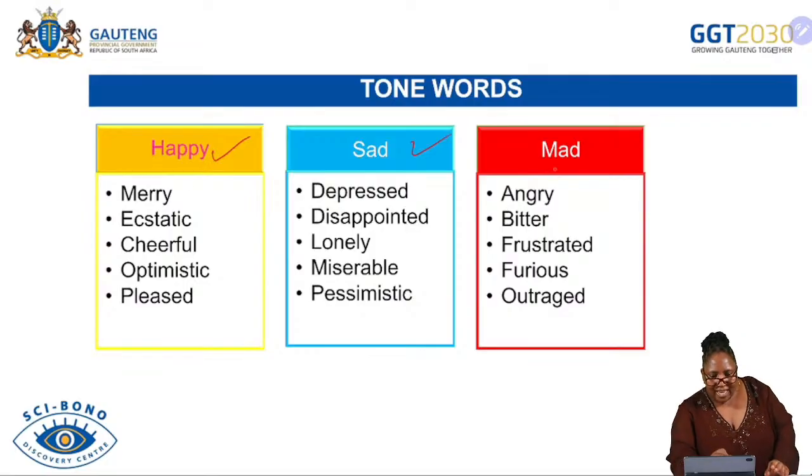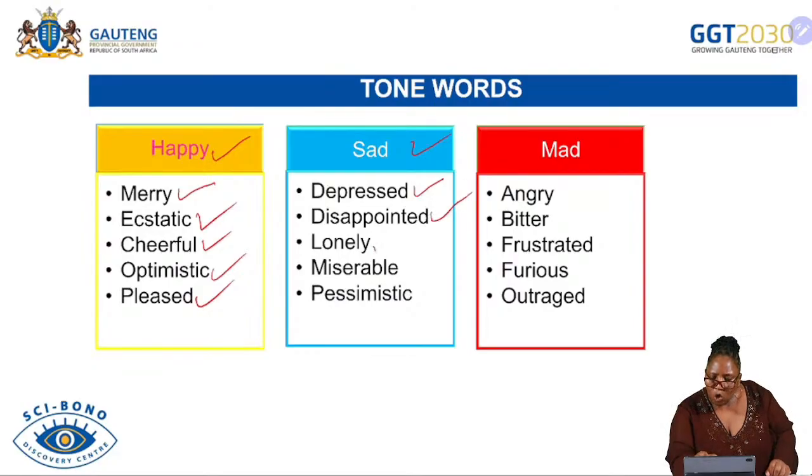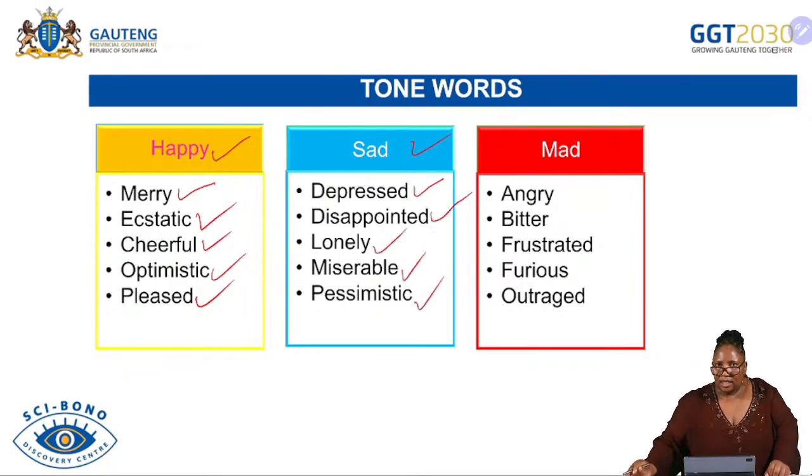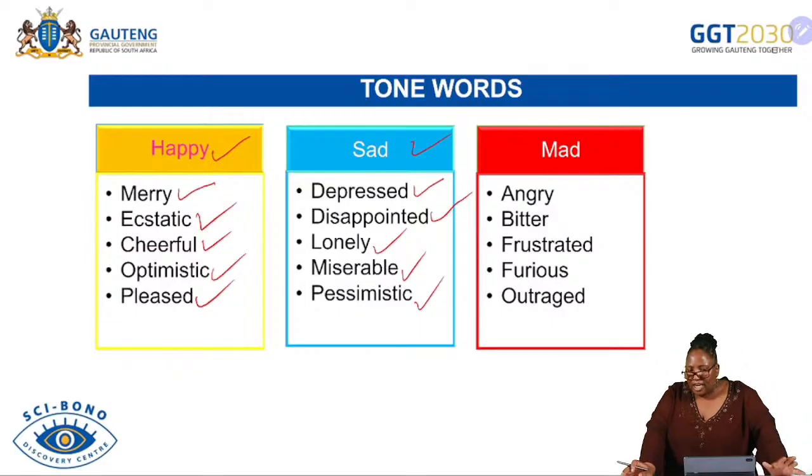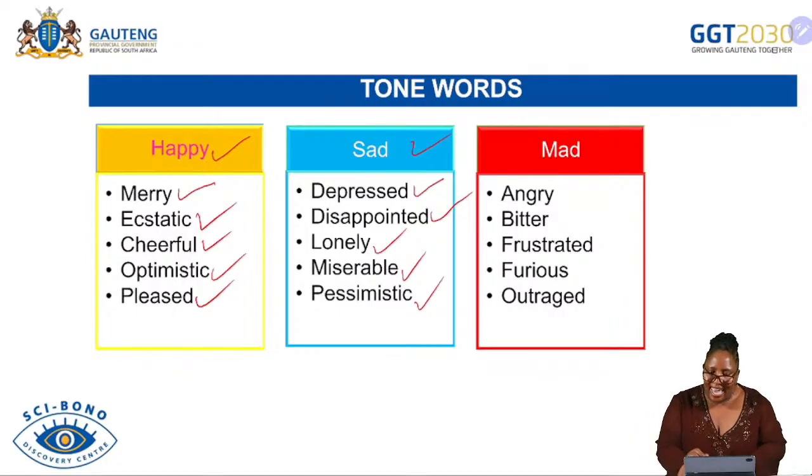Instead of happy, you can be merry, ecstatic, cheerful, optimistic, or pleased. When you are sad, you are depressed, disappointed, lonely, miserable, or pessimistic. When you are charging like a bull in a China shop, what happens to you? You are angry.